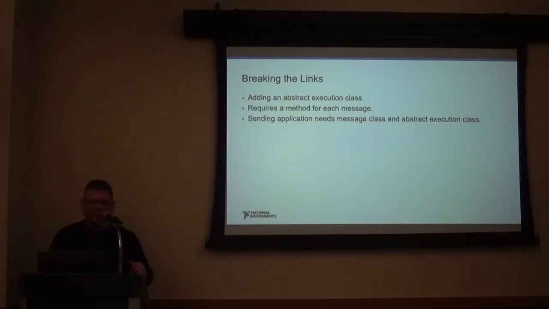So this way, the sending application needs the message class and the abstract execution class. The message class now doesn't call the method that actually links to the actor, like we saw where we had that static link to the actor. That doesn't exist anymore. Now the message class calls the abstract method that we're sticking in this abstract execution class.